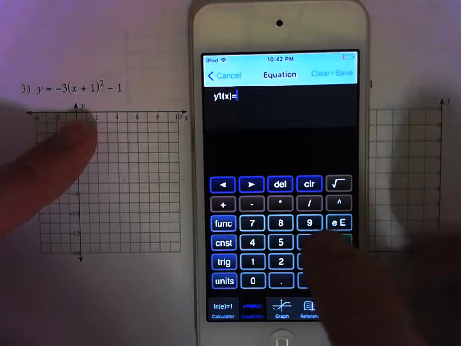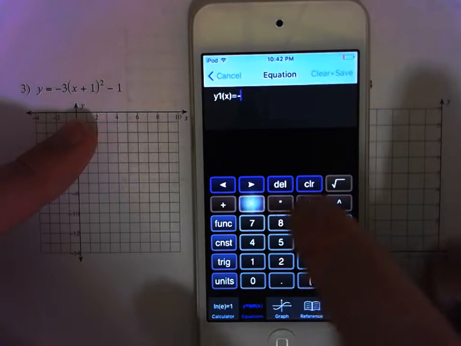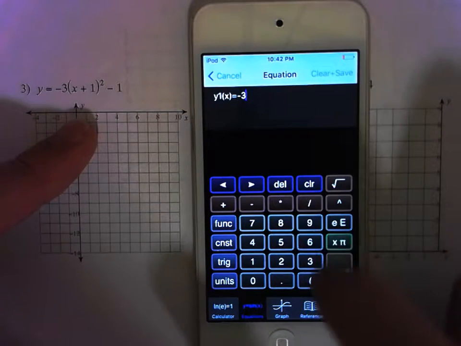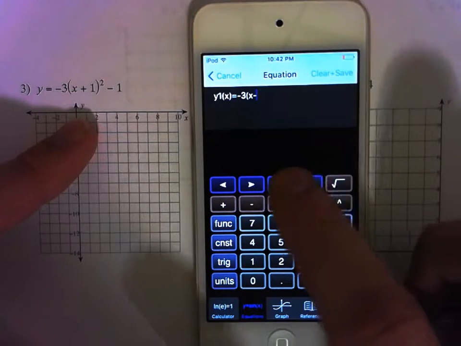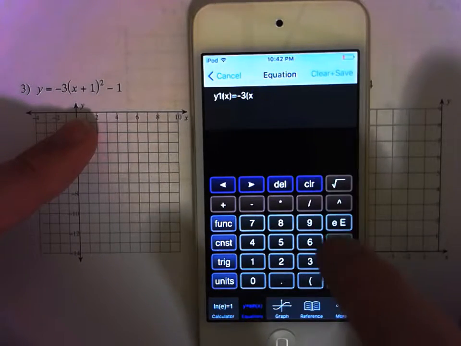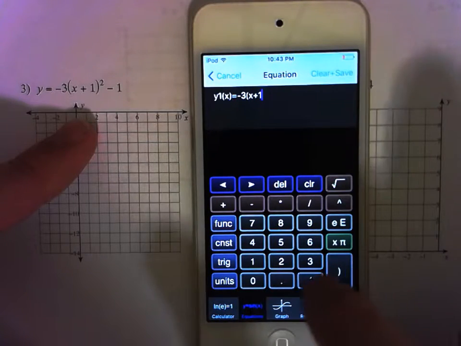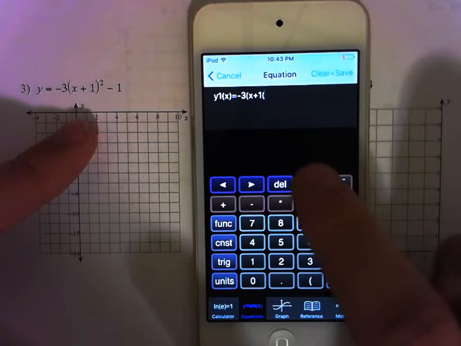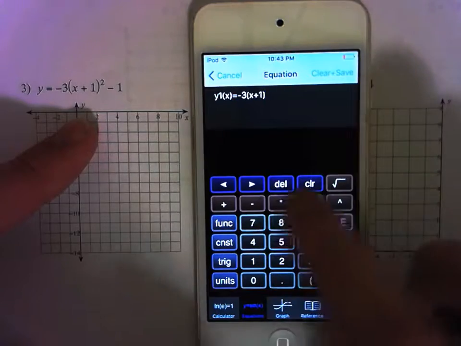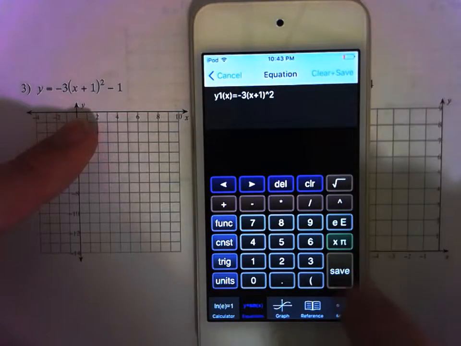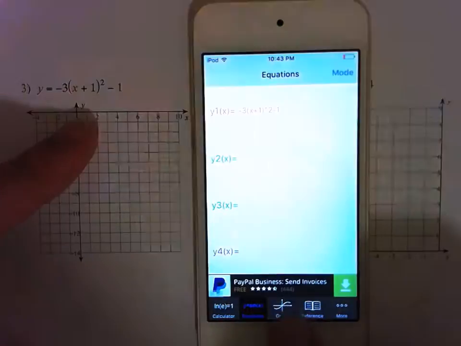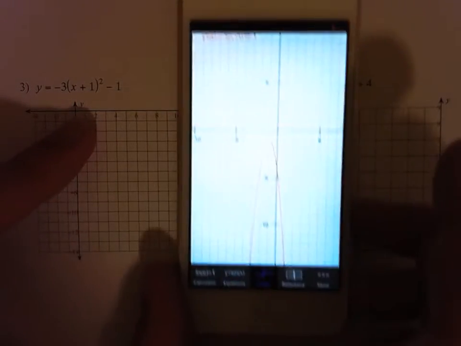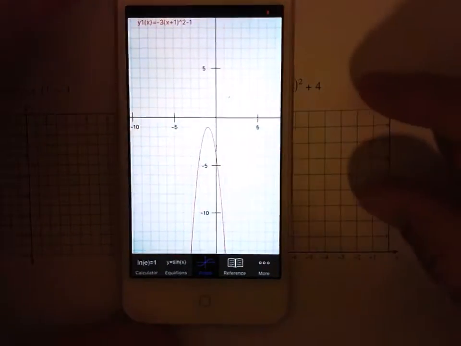We'll put -3 parentheses x plus 1 squared minus 1, and press save, press graph, and that's what it looks like.